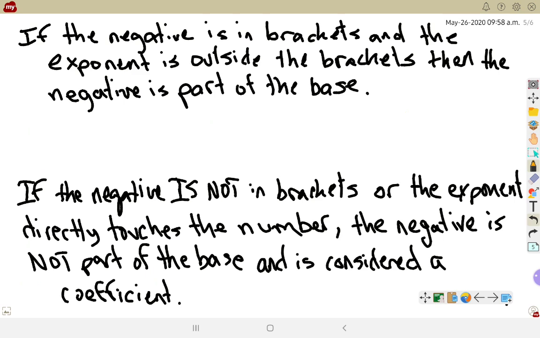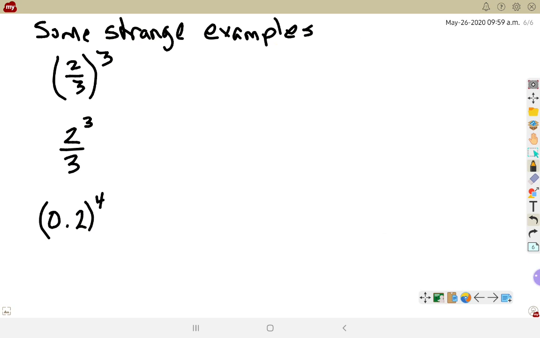If it's inside the brackets and the exponent is outside the brackets, the negative is part of the base. But if the negative is not in brackets, or if it is in brackets but that exponent is touching the number directly, not touching the set of brackets, then it is just a coefficient, not part of the base.